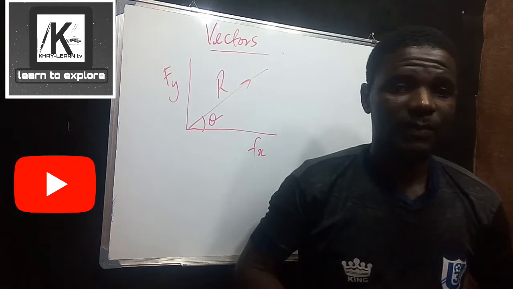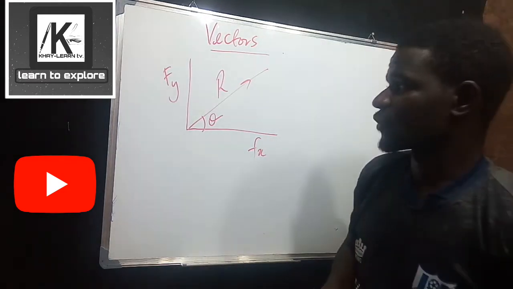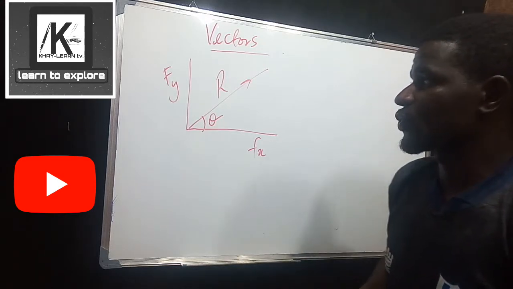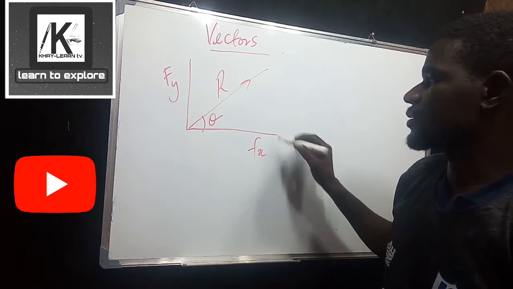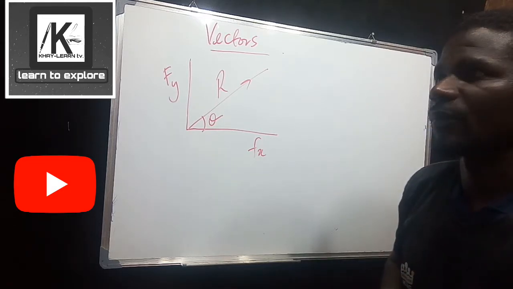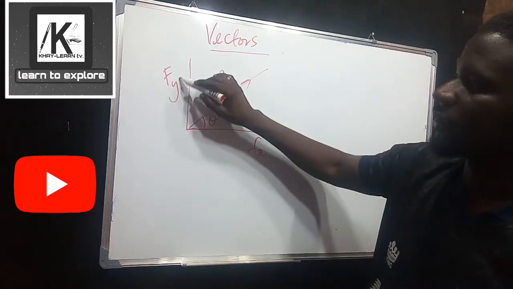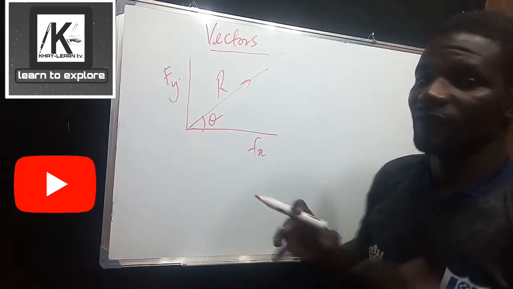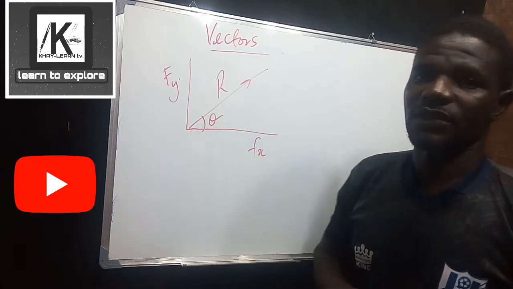Looking at my diagram on the board, what I have is a diagram with the y-axis up here and the x-axis here. Remember in the previous class, the forces or vectors that acted here and here combined together to form a single vector called the resultant vector.